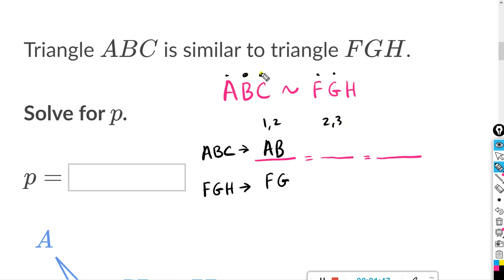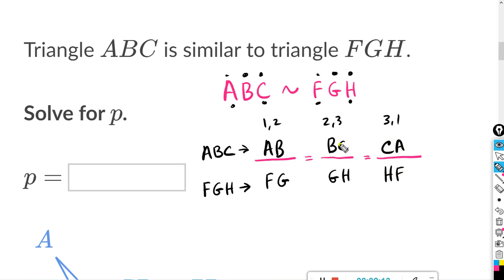That's BC and GH. And finally, for the last one, I'll choose letters number 3 and 1. That's CA and HF.